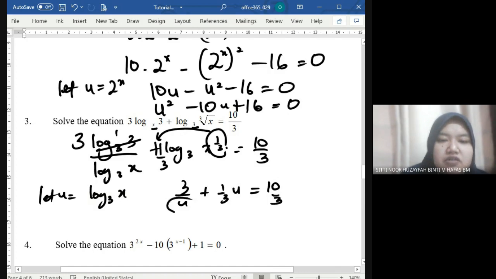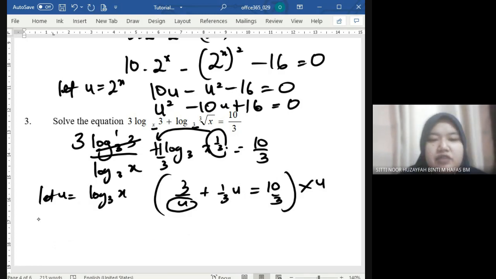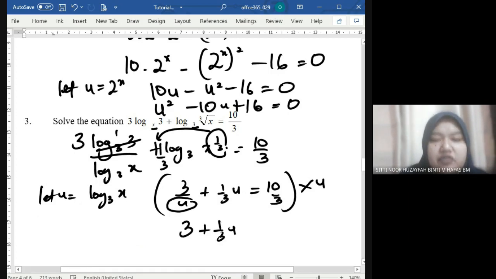To eliminate u at the denominator, we multiply the equation by u. So what do we get? We get 3 plus 1 over 3 of u squared equal to 10 over 3 of u. We can also eliminate this 3 by multiplying by 3.